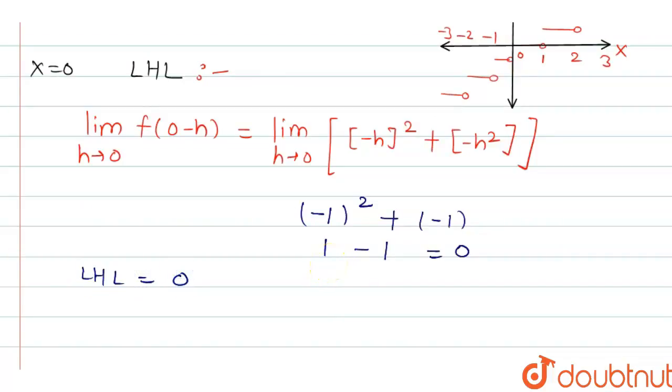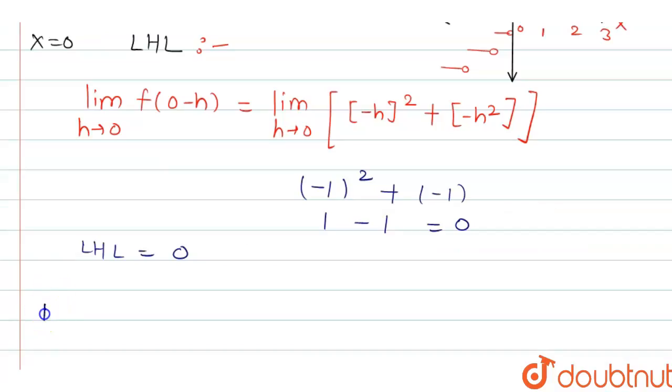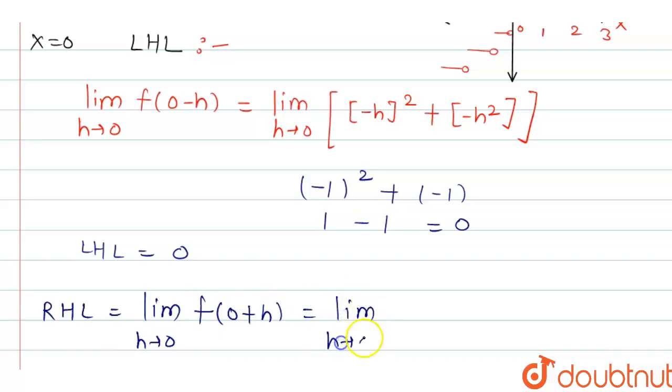Now if we take the right hand limit, the right hand limit equals the limit as h tends to 0 of the function at 0 plus h. This equals the greatest integer function of h square plus minus of h square.